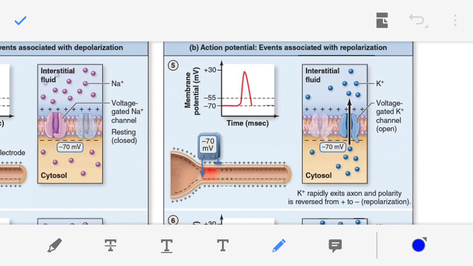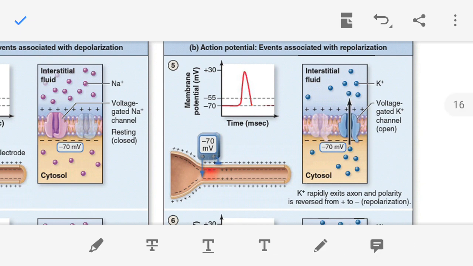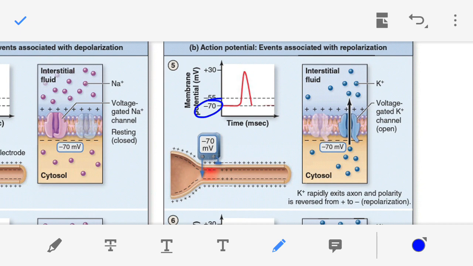During depolarization the value was plus 30, but as K plus moves outside, the positive charge is moving outside. That's why the membrane potential becomes negative again, and it attains the value of minus 70 once again. So during repolarization K plus goes out, and due to that this plus 30 mV value once again becomes negative, minus 70 mV.